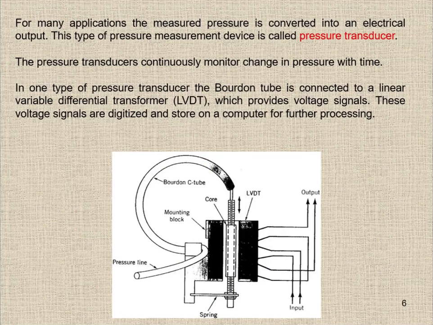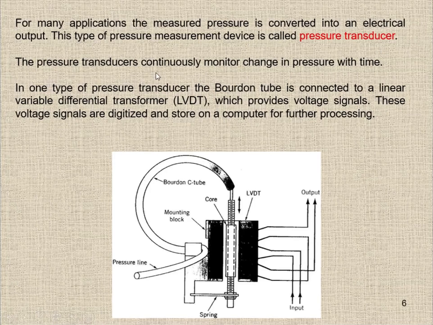But we have many other types that we use directly in digital systems, where we measure the pressure in digital form. For many applications, the measured pressure is converted into an electrical output. This type of pressure measurement device is called a pressure transducer.